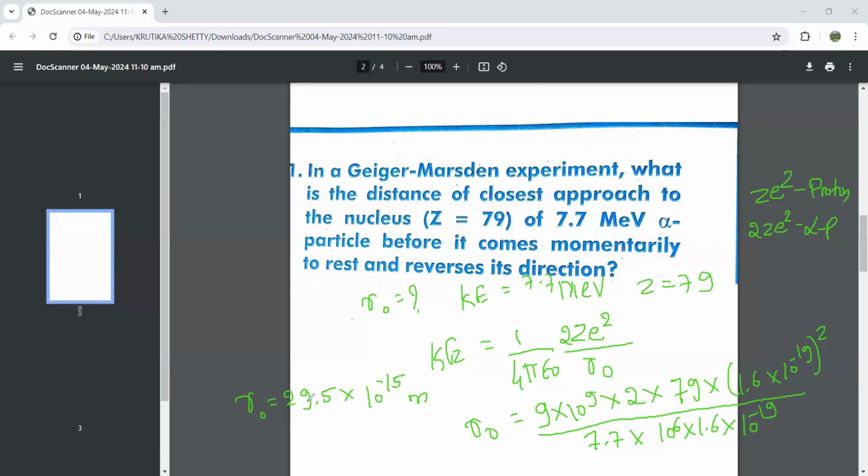So the answer here, students, is 29.5 into 10 raised to minus 15 meter, and 10 to the minus 15 is also called Fermi, so that is 29.5 FM, Fermi meter. Okay, you can copy down this. Write the values. We will go for the next question.